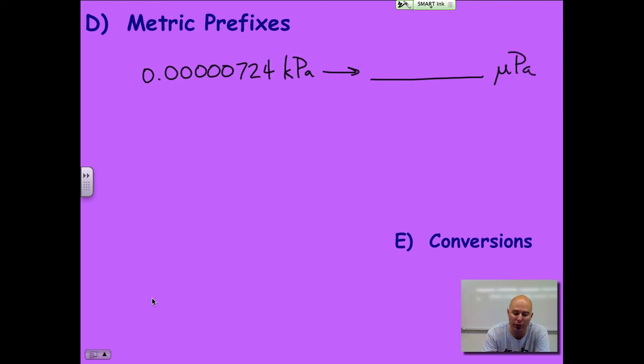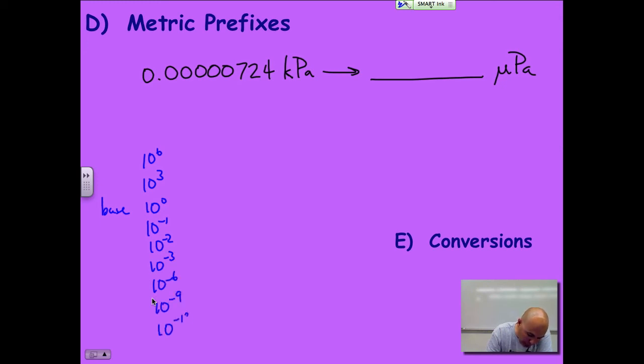Going through the way I think about it, base is 10 to the 0, then I have 3 and 6 above, and below I went 1, 2, 3, 6, 9, 12. If you remember, kilo, mega, and below deci, centi, milli, micro, nano, and pico. Now we have our exponents. Let's go ahead and use them in the idea that I'm showing you.